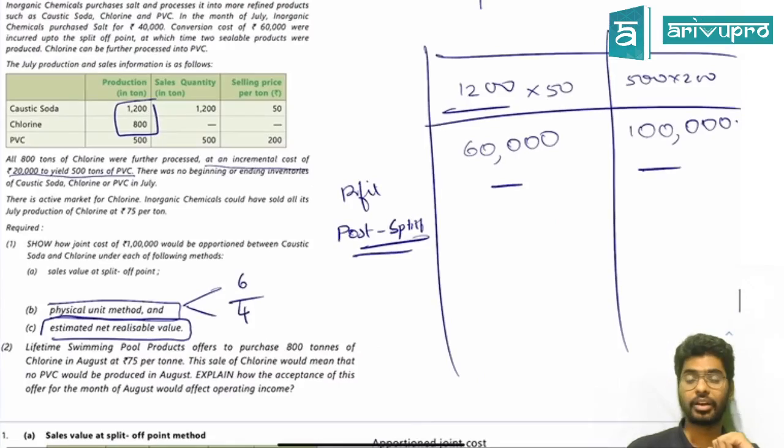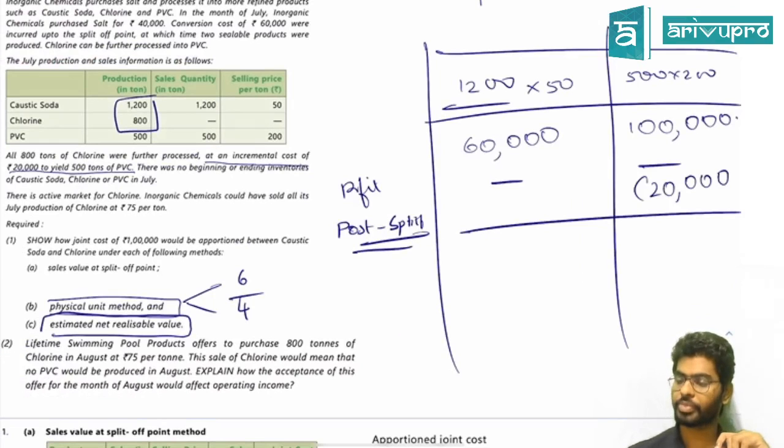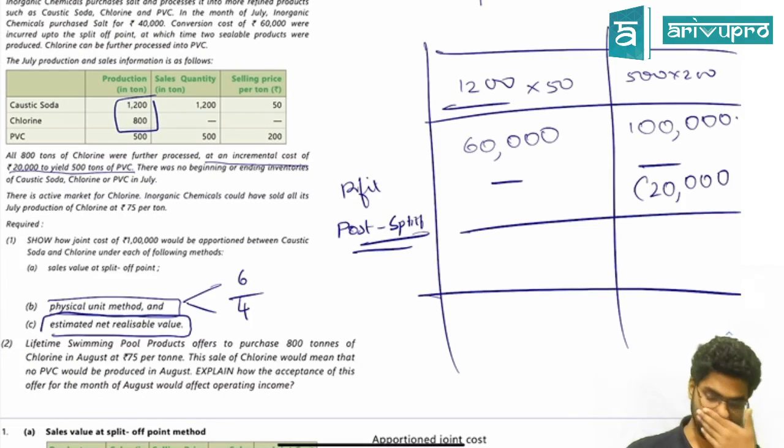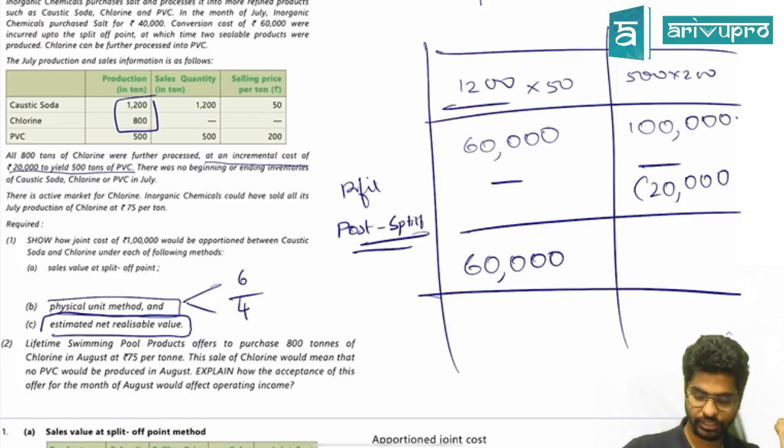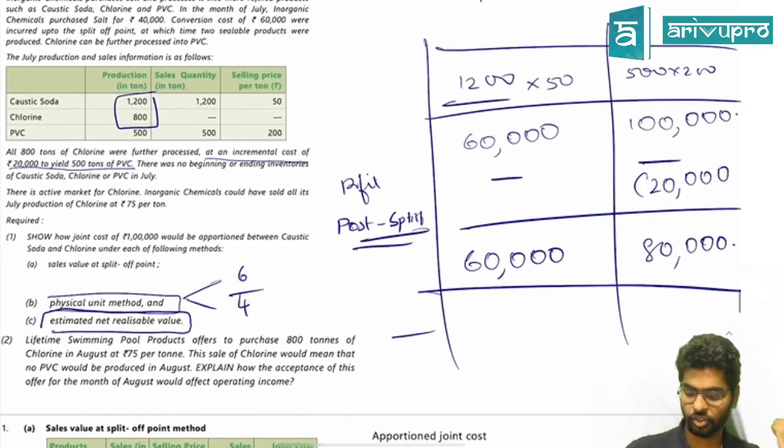That means for chlorine you are incurring 20,000 rupees of cost post split off point, correct? There is nothing for caustic soda, therefore it will become 60,000 is to 80,000, right? So I'll be dividing it in the ratio of 3 is to 4.